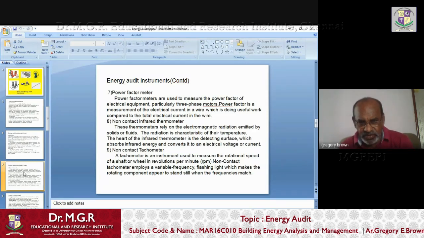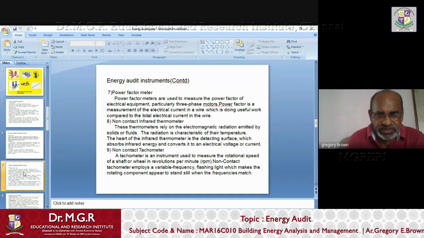So then you know that the frequencies are matching. So when that correctly matches the revolution, the flashing will stop. So then they will know how many revolutions it is doing per minute.